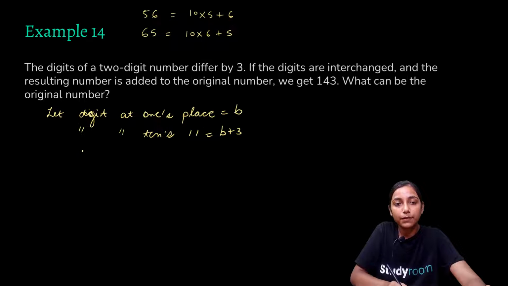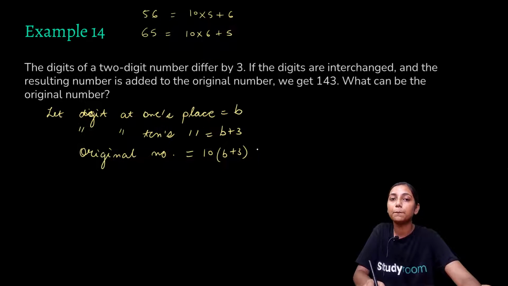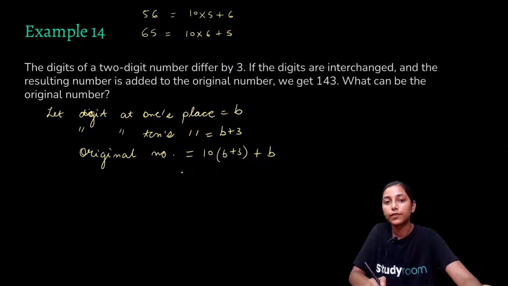So what is our number? What is our original number coming to be? Original number is equal to the digit at tens place multiplied by 10, that is 10 into b plus 3, plus digit at ones place. Similarly to what we did here: 10 into the digit at tens place plus the digit at ones place.